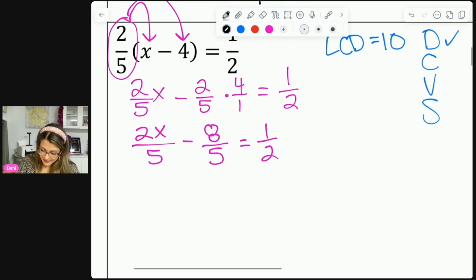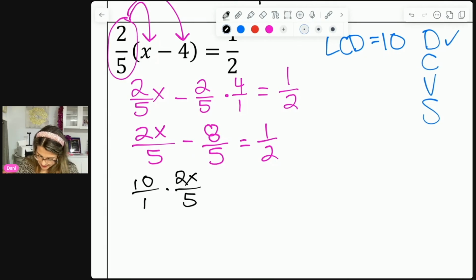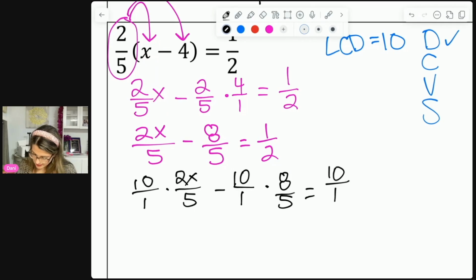Okay, sorry, I got the sniffles today. So 10 over 1 times 2x over 5 minus, so always bringing down those symbols, right? 10 over 1 times 8 over 5 equals 10 over 1 times 1 over 2. So that's what we're going to simplify.